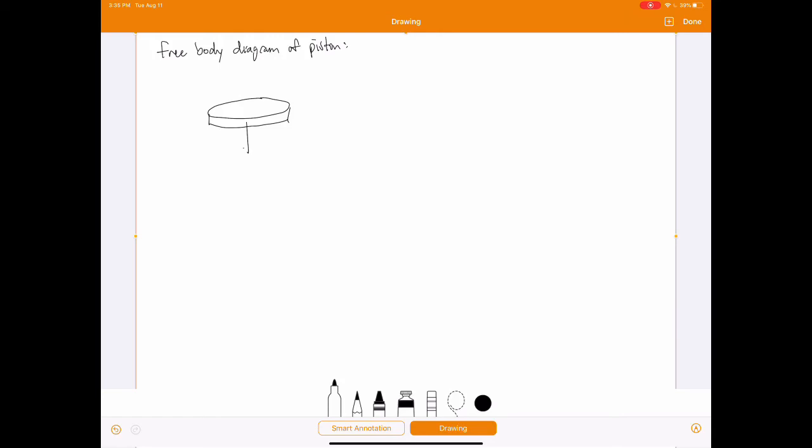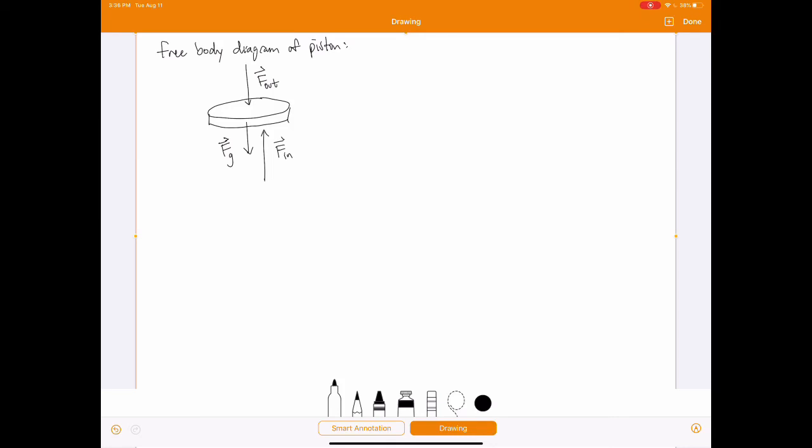Well, the obvious first thing that comes to mind is the force of gravity, pulling the piston down. But there's some air inside of the piston, which is going to be pushing up on it like this. So we call that F in. There's also air outside of the piston up here, which is going to be pushing down on the piston like so. So those are the three different forces acting on the piston.